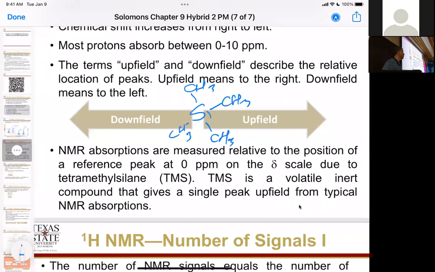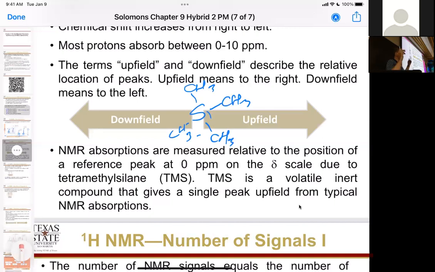Silicon actually takes just a little bit of electron density away from each of those carbons with hydrogens on it. And so that is below wherever we see most of our organic compounds. Just having that silicon there pulls a little bit of electron density from the carbons and gives us our 0 point.